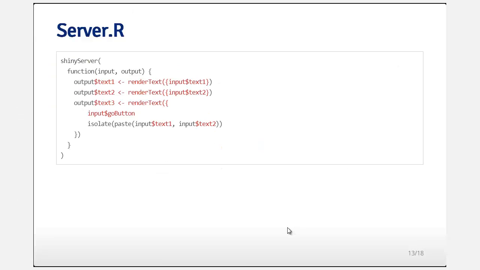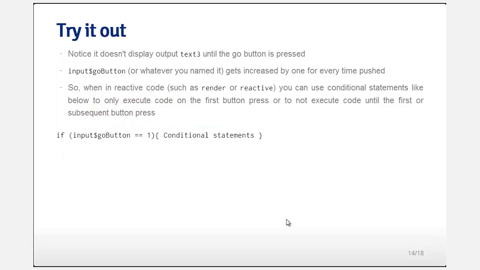And so I have another example here, where I tried to discuss what we saw. It doesn't display text3 until the go button is pressed. The variable input go button gets incremented every single time you press the button.